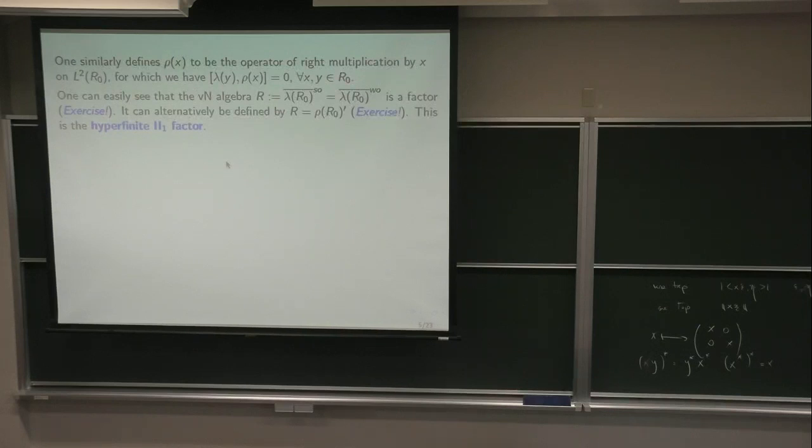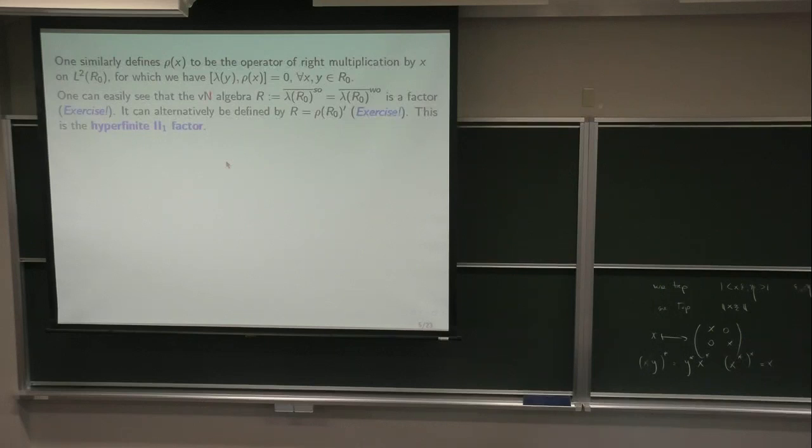Of course, when you multiply from the right, the order will change, so it will be a star algebra morphism not from R0 into B of L2, but rather of R0 opposite, where x times y in R0 opposite is y times x in R0, because it comes from the right.